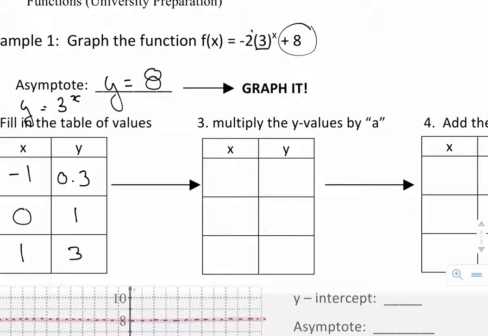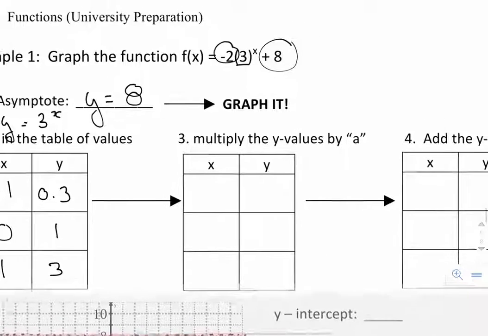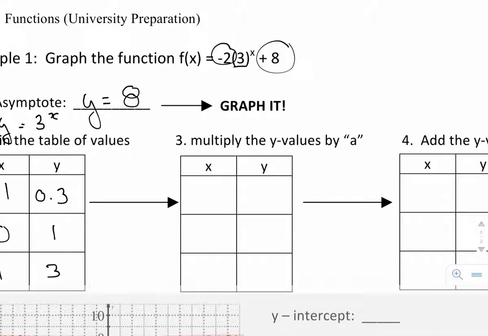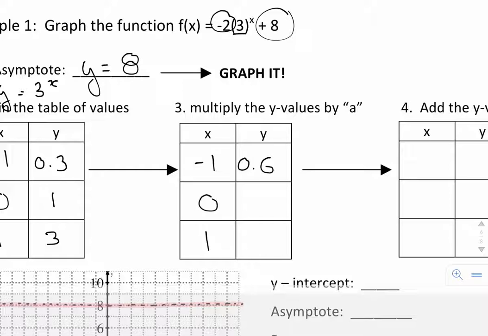In this case, my a value is -2. So what I'm going to get is -0.6 repeating, -2, and -6. So the y values are multiplied by -2.